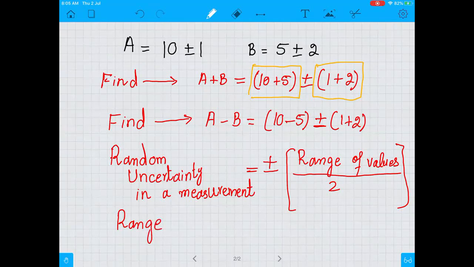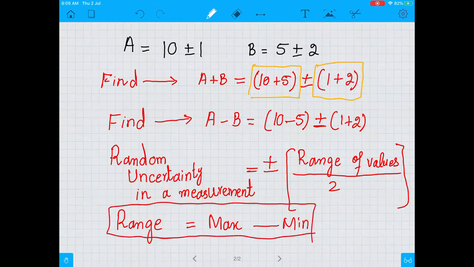Range is basically the difference between the maximum and the minimum value. So the difference between the maximum and the minimum value is called the range of the data. And range would be equal to maximum minus minimum, and half of this range will be equal to the random uncertainty.